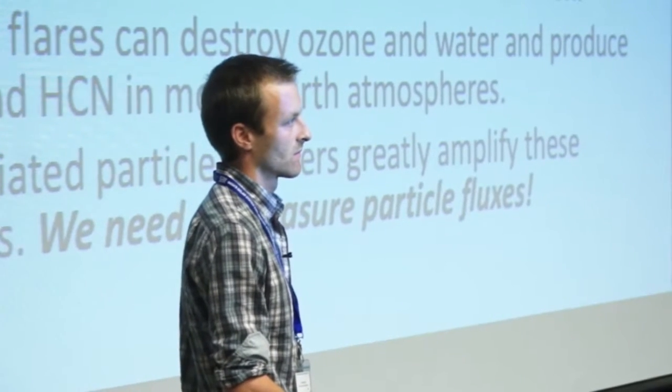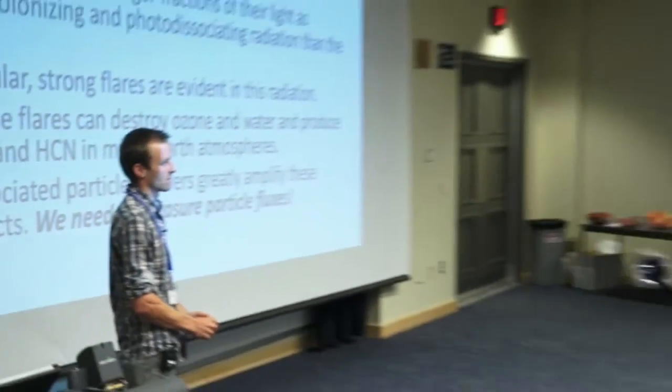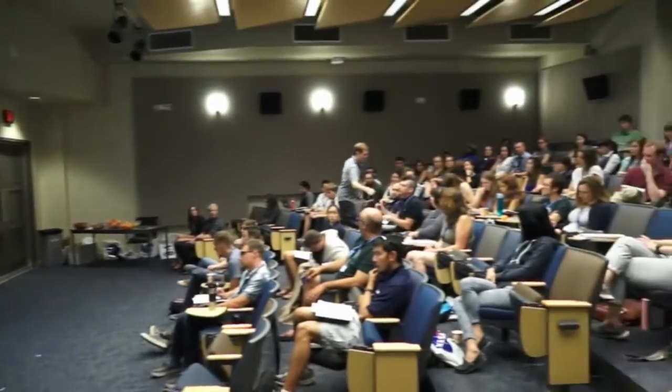Any other question? Yep. So you said that to measure the particle flux, you can't just scale down the sun. So is there any plan to study M dwarfs in the near future to try and back out what their particle flux is compared to what we do with our sun, and then comparing it to other sun-like stars?